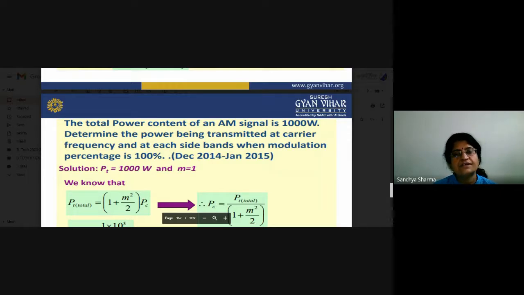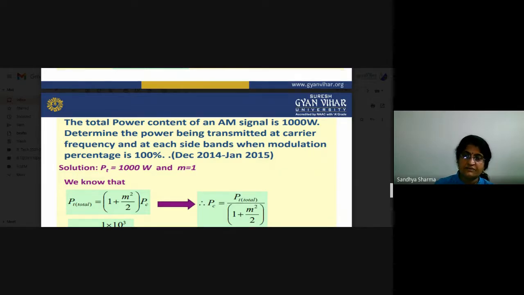So here we have to determine the power at the carrier signal and the sidebands. The total power Pt is equal to 1000 watt, and the modulation index is 100%, which means m is equal to 1. So in this way you can calculate the carrier power.